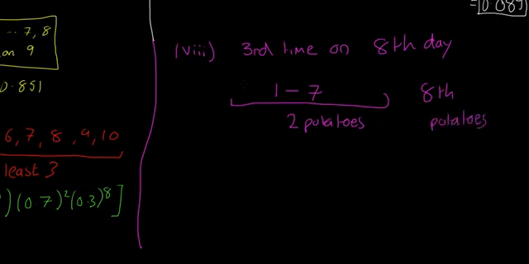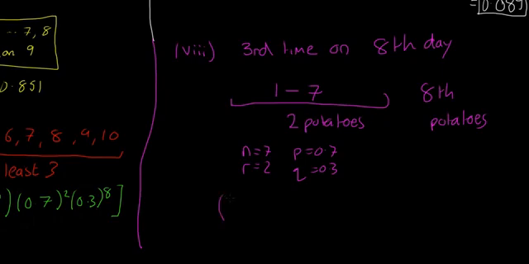So you split it up into 2 separate time periods, before the day and then on that 8th day. So in this one here, we have n is equal to 7, r is equal to 2, so they have successes on 2 days. P is 0.7 and Q is 0.3.